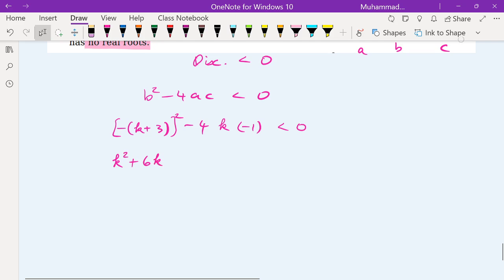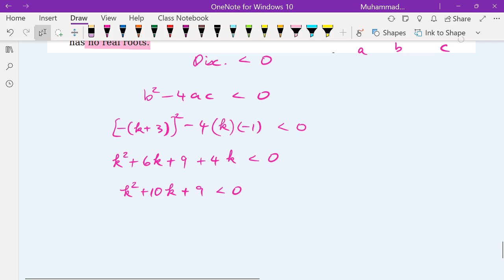They expand it without applying that identity, and it's really terrible, this sort of mistake. So 4k, there you go. This makes a quadratic inequality in turn, 10k plus 9.